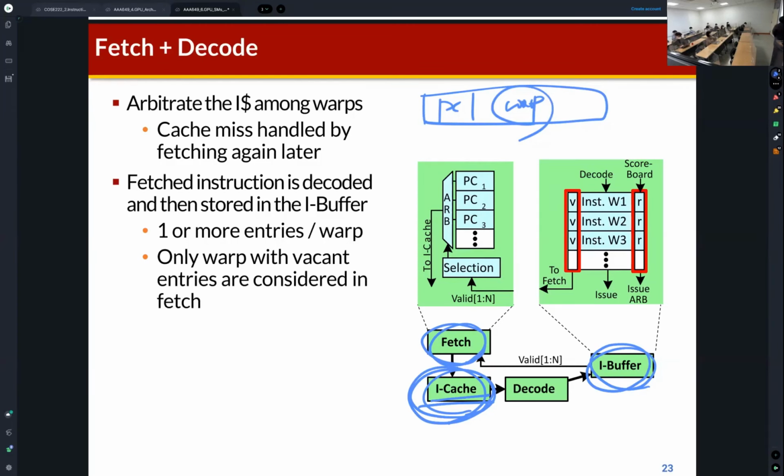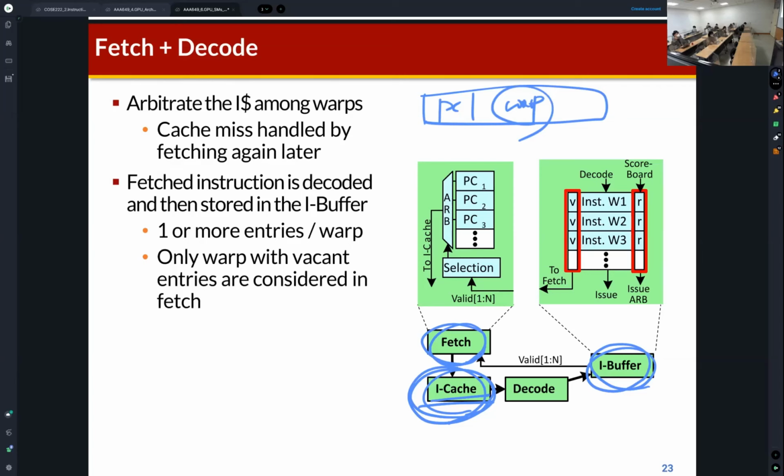But there are multiple warps, so there can be multiple program counters which will access the instruction cache. We can use a simple architecture like a multiplexer, which means that the instructions are fetched from the instruction cache in a round robin manner.